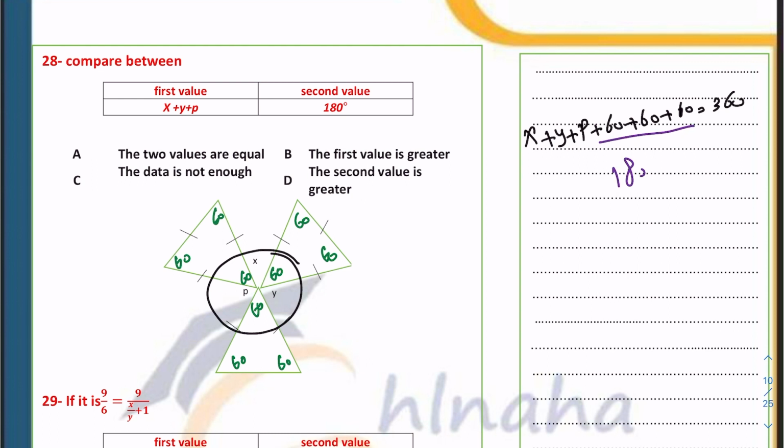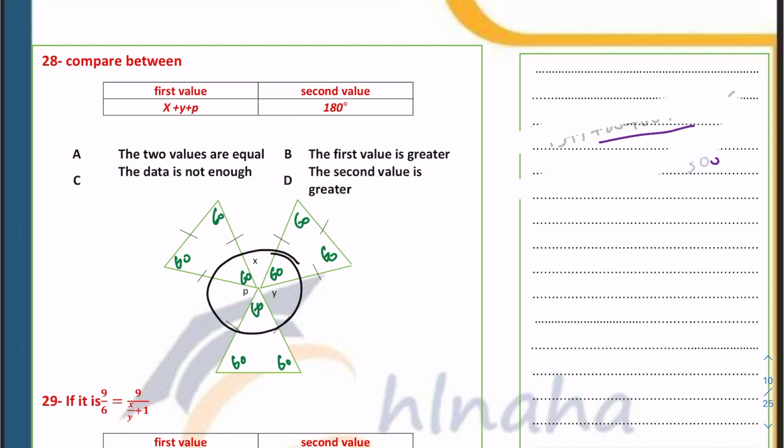So x plus y plus p plus 180 equals 360. I can move 180 to the other side. It will be negative 180. So I have to choose equals, because the first value is equal to the second value.